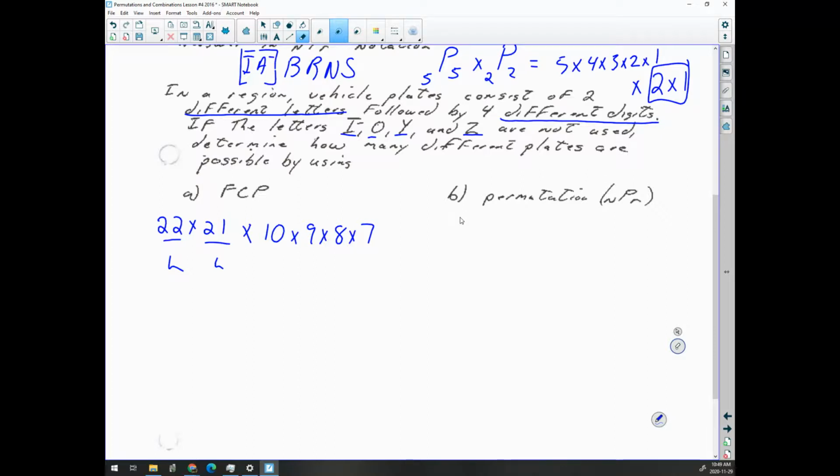Because I can't do repetitions, I'm allowed to do permutations with this. If I said repetitions were allowed, the only way you can do that is using the fundamental counting principle.